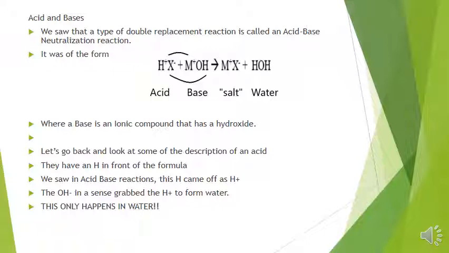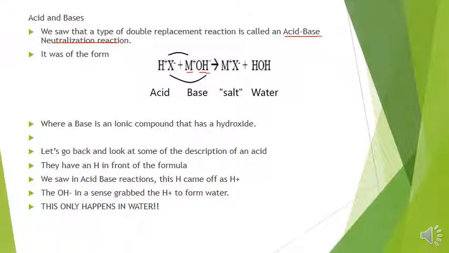So, acids and bases. We saw in a double replacement reaction something called an acid-base neutralization reaction. It was of the form of your acid, which we wrote as H plus and then X minus, like H plus Cl minus, and then your base was always a metal and a hydroxide. There should be a minus here.